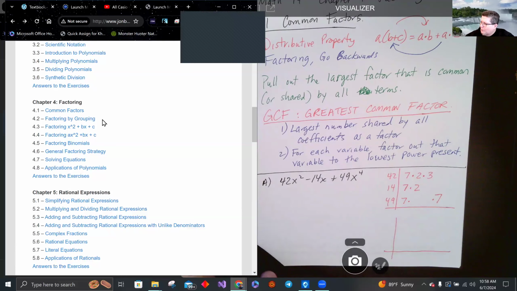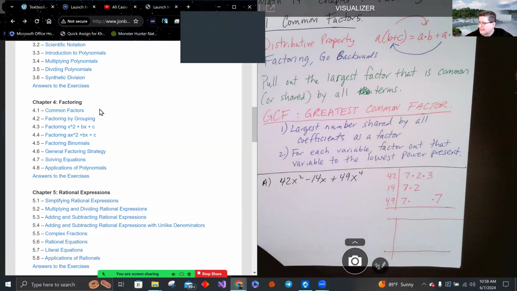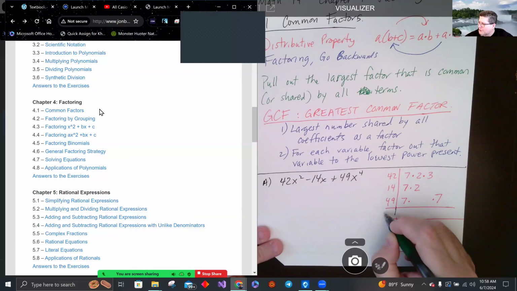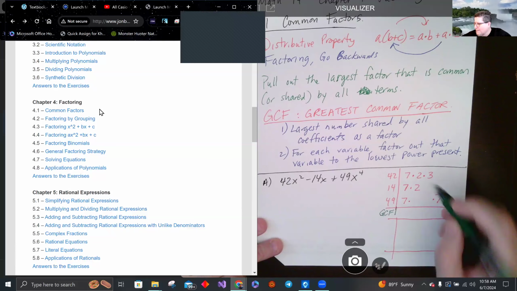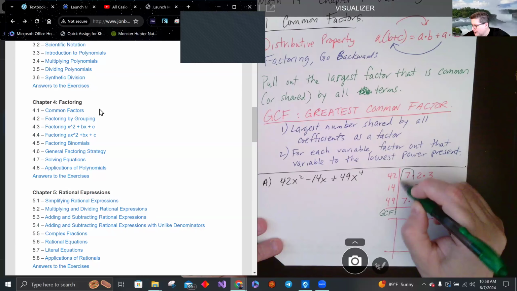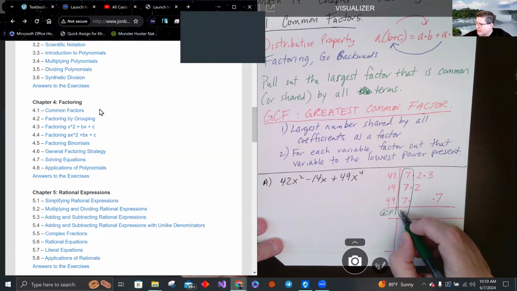So I'm making a table like I did for LCD, but now this difference was for LCD, we had one from each column. For the greatest common factor, we are only going to use completely filled columns. So the greatest common factor here is the 7.